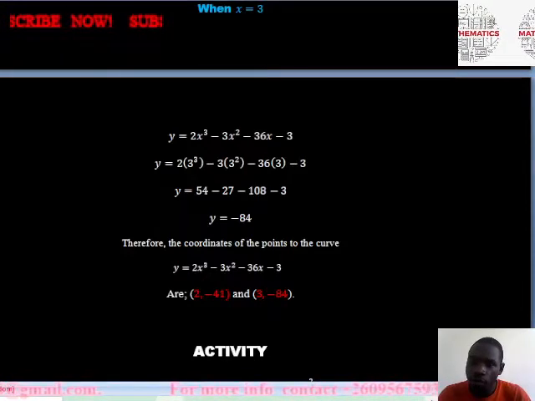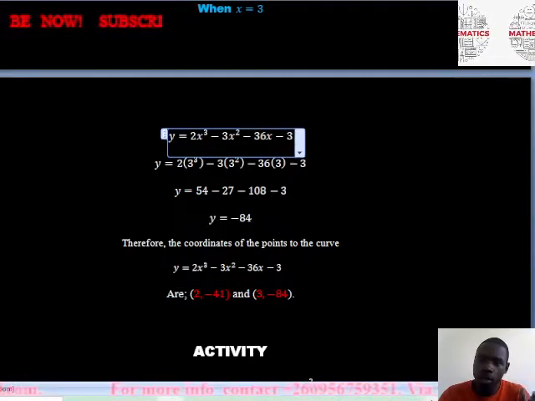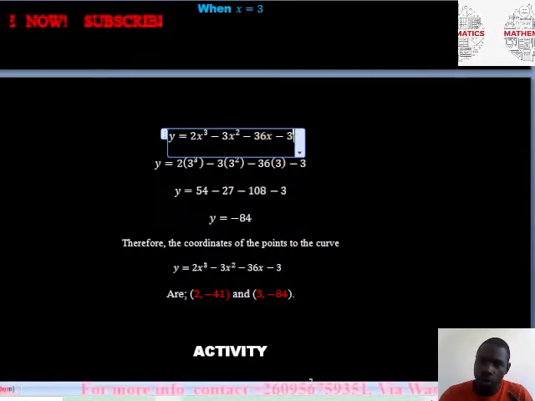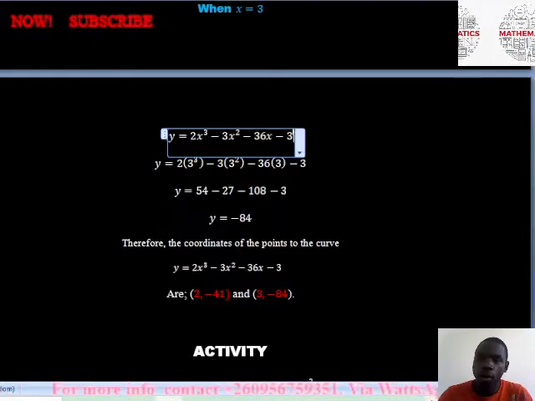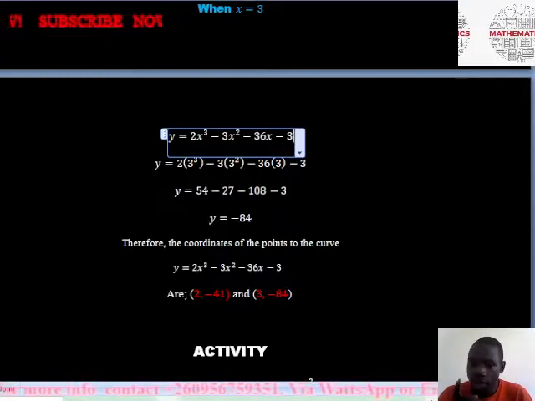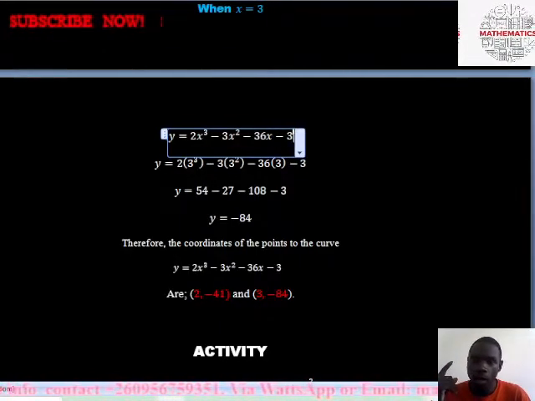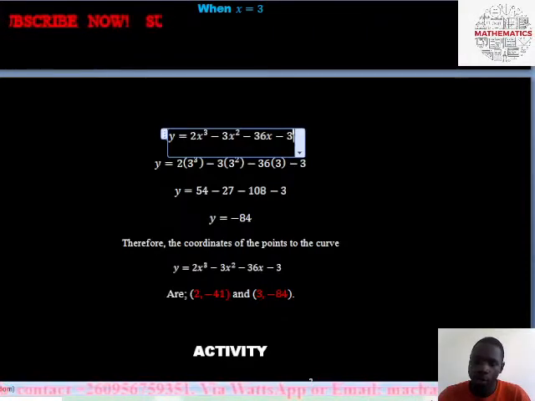So this curve, remember that in the first place, we used -2 as the first value, and then we are done with -2. So we are going to +3. So wherever there is x onto that curve, we will replace it with +3.